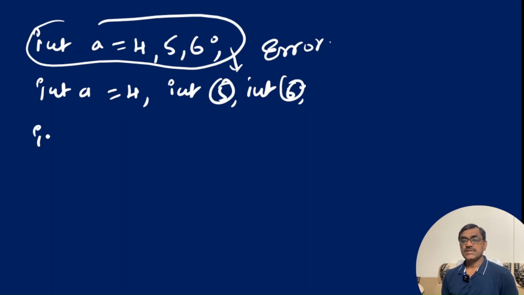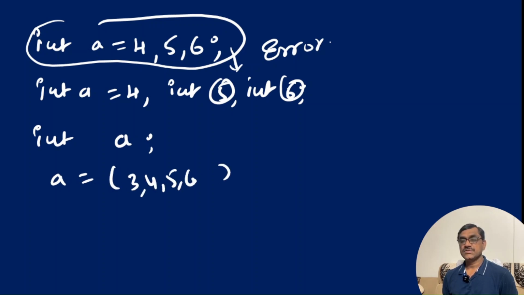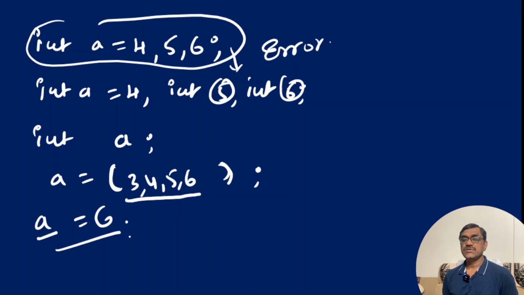Now, if I write the statement like this, int a; and a = (3, 4, 5, 6), what is the value of a? In this case, the a value is 6. Why 6? Because when we have parentheses, first you have to evaluate the values in the parentheses expression. We take 3, next 4, next 5.